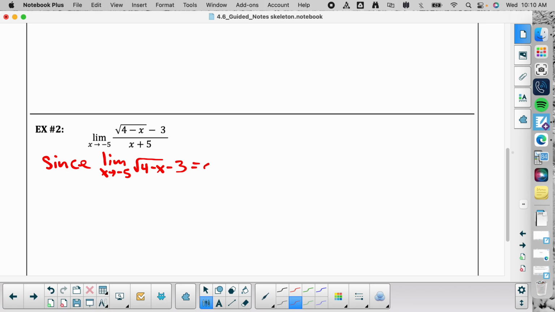Equals 0. And the limit. 5x. Oh, they don't have it say f of x. The limit would be.